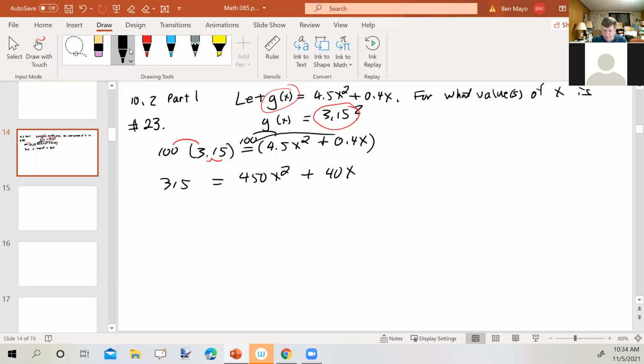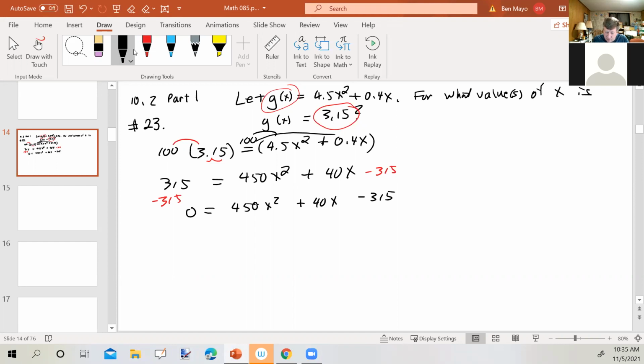So far, so good? Okay. I'm going to subtract 315 from both sides. So I get 0 equals 450x squared plus 40x minus 315. I can see that every one of these terms, 450, 40, and 315, is divisible by 5.